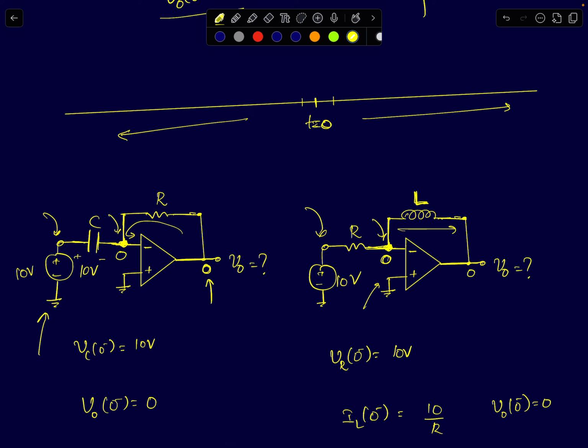But the inductor current, IL of 0 minus or IL of infinity, will be equal to 10 by R, flowing in this direction. It will carry a finite DC current, and we know that ideal inductors don't need any voltage drop across them to carry a DC current. So V of 0 minus will be 0, but it will still carry a finite current.